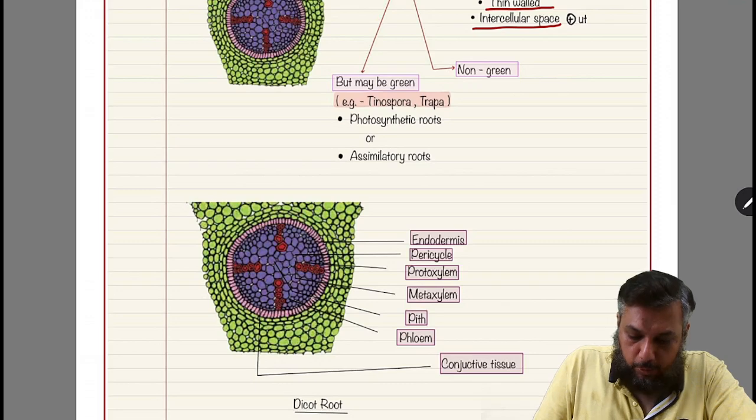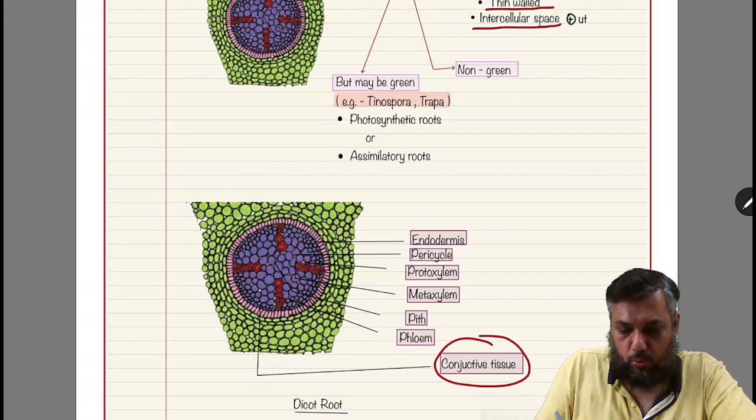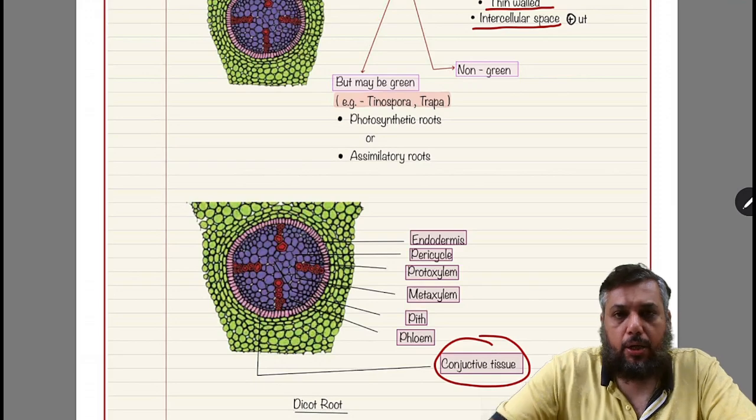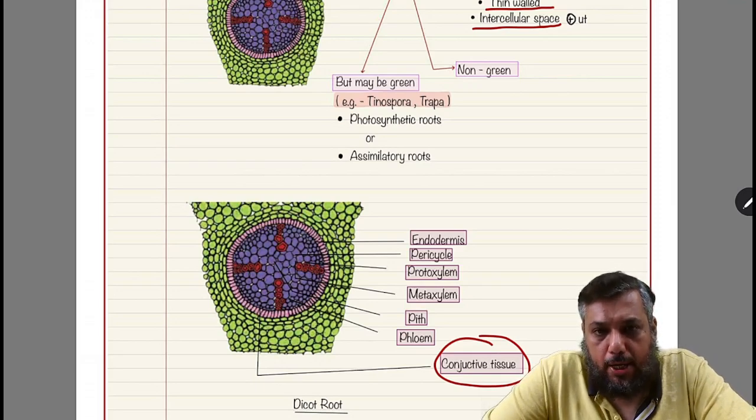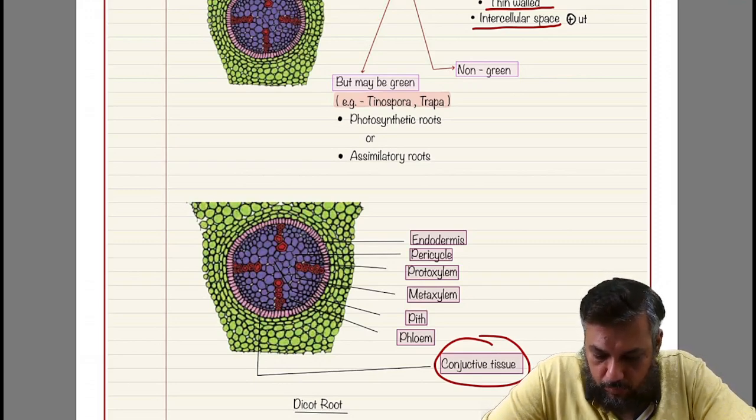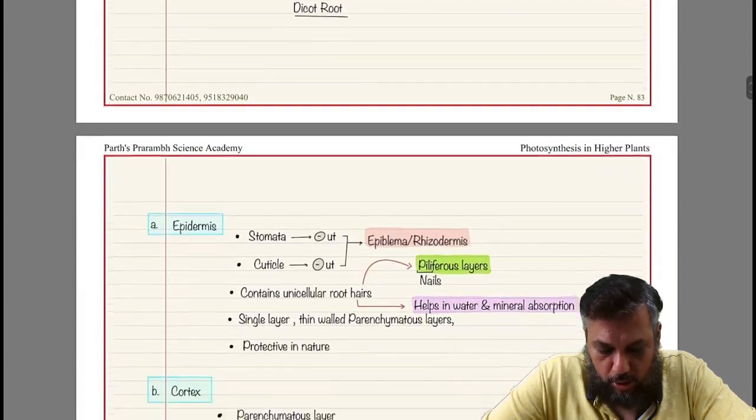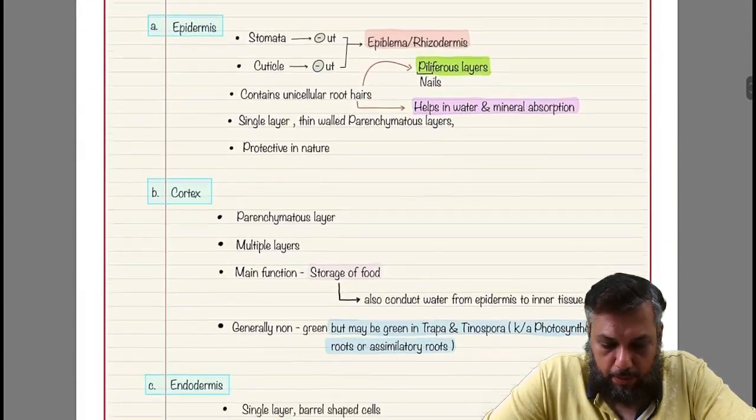Okay. And between the xylem and phloem, there is a tissue which is called the conjunctive tissue. In the case of the roots, the protoxylem is towards the periphery, metaxylem is towards the center. Hence, the condition is called an exarch condition. In the case of dicot root, it's called exarch condition.